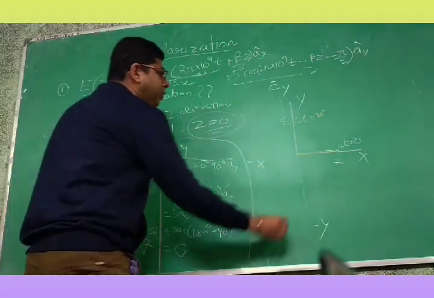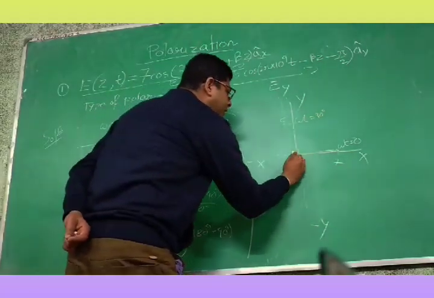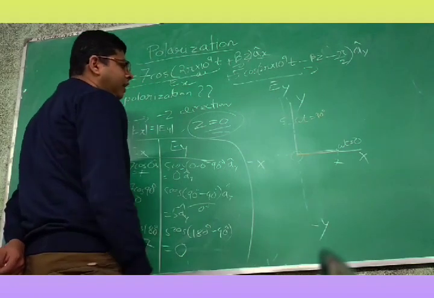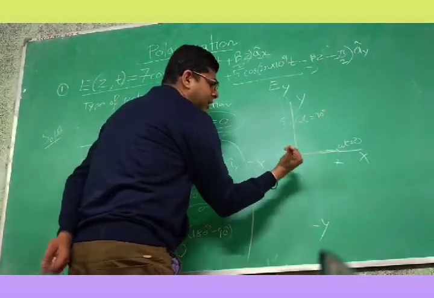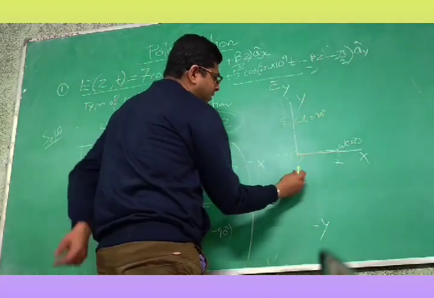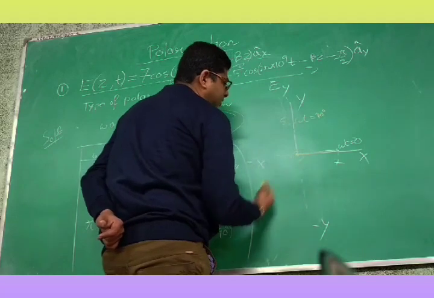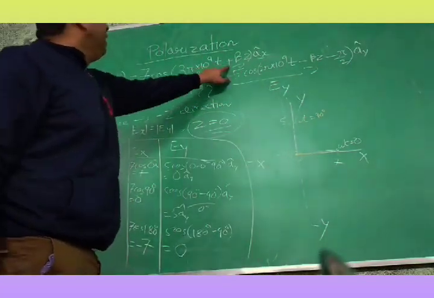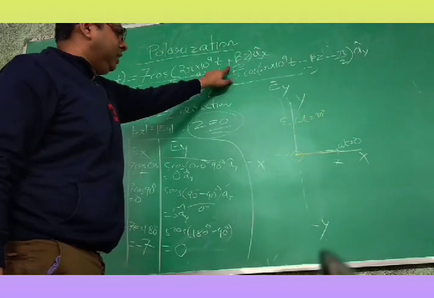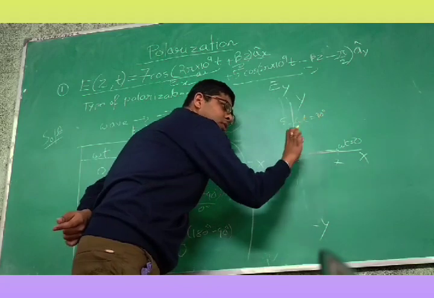That means we are moving like this. And you can mark the other direction x, y and z. Let us consider according to the rule of thumb that this is the plus z direction. But remember one thing, here the wave is propagating in minus z direction, and minus z means it will be inward to the board.